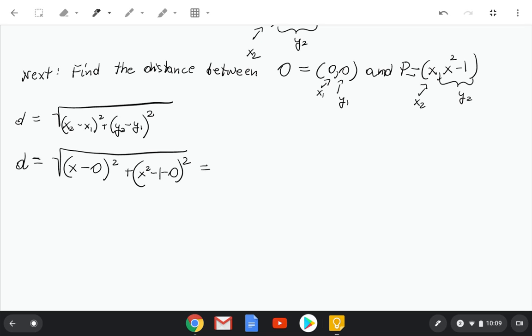Let's simplify. So we're getting square root. x minus 0 is just x, so we have x squared plus x squared minus 1 to a second power. Okay, so what we just did, we just built the distance formula using only x values, which means we actually built the function in terms of x.